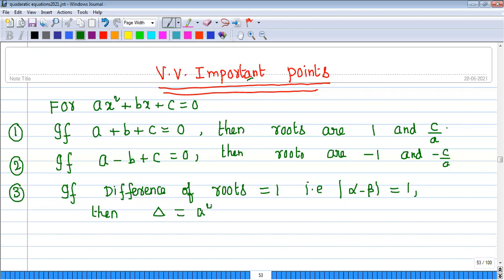You know delta, what is delta? Delta is b square minus 4ac. Otherwise you can make use of this shortcut: b square minus 4ac equals a square, where a is the coefficient of x square.